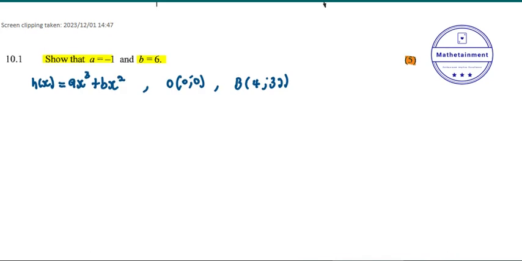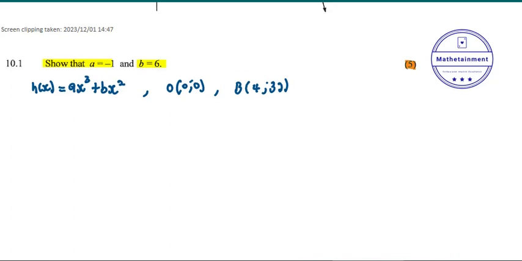There is something I know about turning points, which are stationary points. I know that the gradient at a stationary point is equal to 0. That is what I know. Meaning the gradient at the point where x is equal to 4 should be equal to 0.